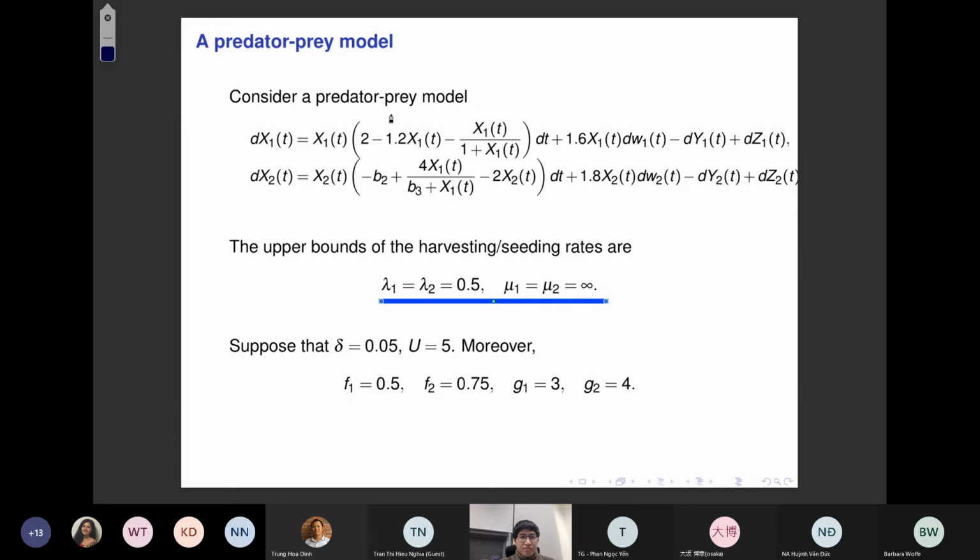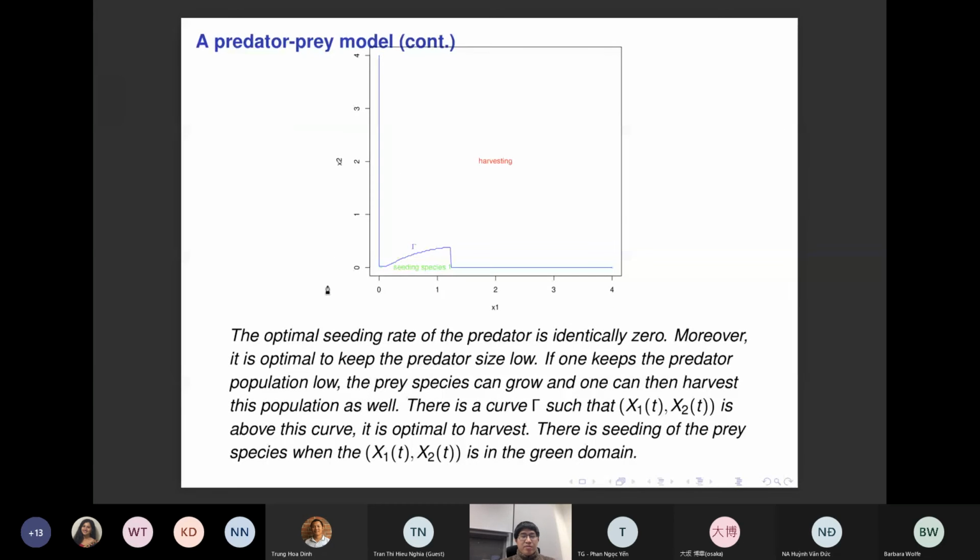X2 is the population of the predator. Let me show you the numerical experiments and the figure we get here.